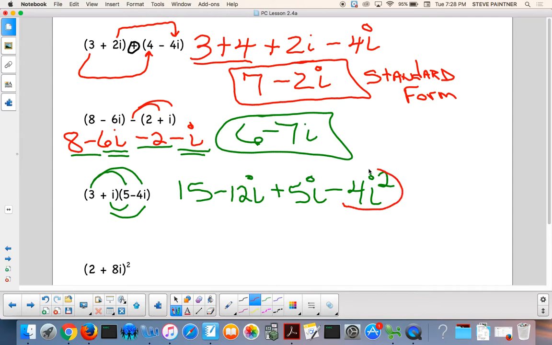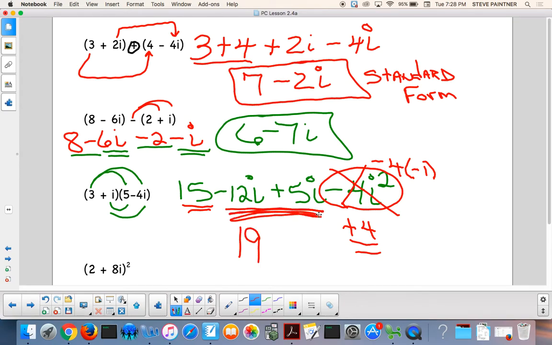Because i squared is negative 1, this is negative 4 times negative 1. This is all going to be plus 4. So the real part, 15 plus 4 is 19. The imaginary part is going to be negative 7i. Okay? And that's how you FOIL it out.